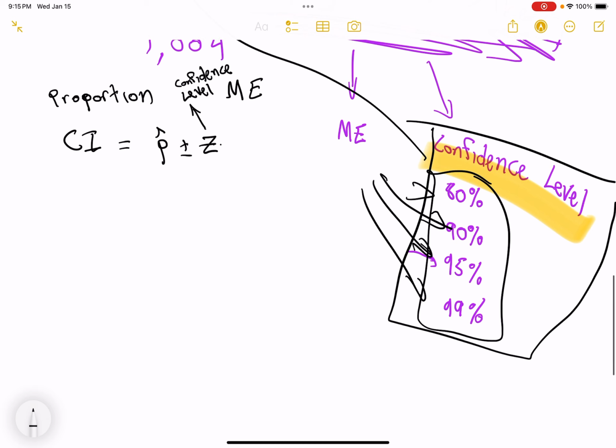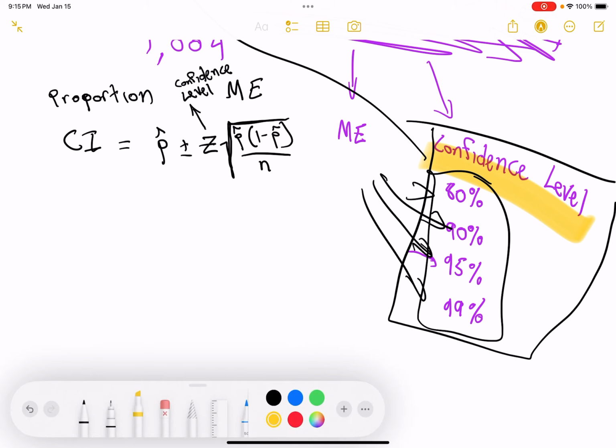Then the last bit to finish out that margin of error is the square root of p hat times 1 minus p hat over n. And I will go into more detail on this when we do specifically sampling distributions for proportions.